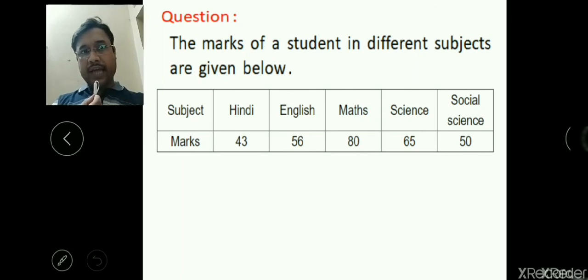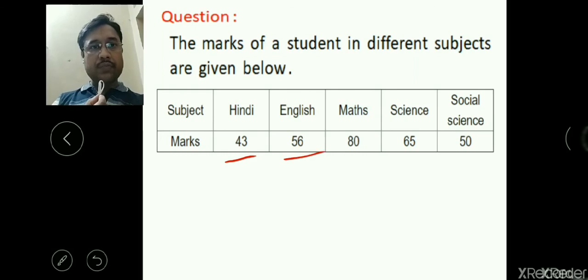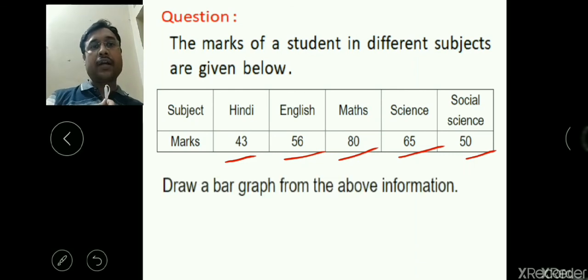Hindi, he has got 43, English 56, Maths 80, nice marks, Science 65 and Social Science 50. So he has got different marks. Now the question is: draw a bar graph from the above information. Show this data through a bar graph, which is easier to understand and analyze.